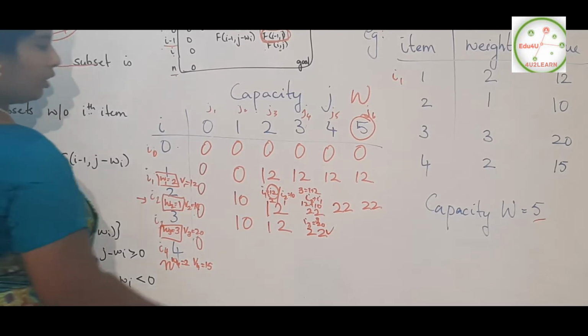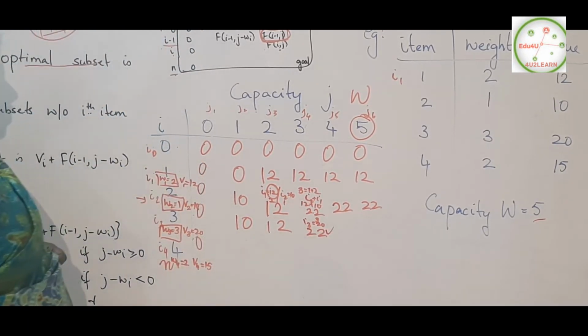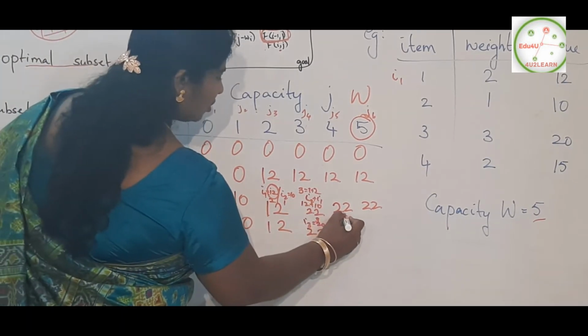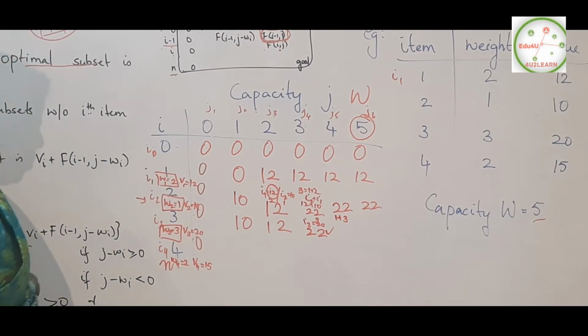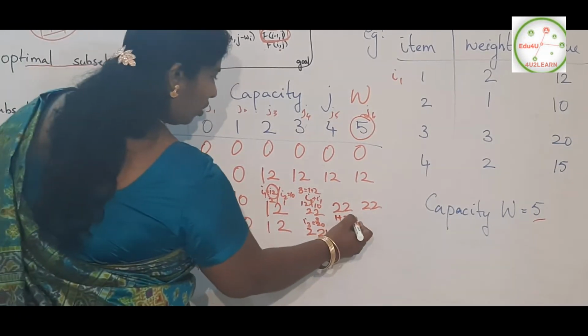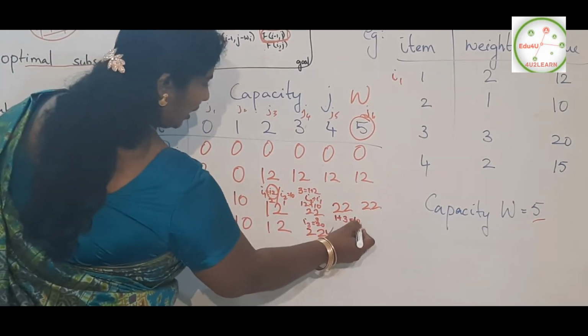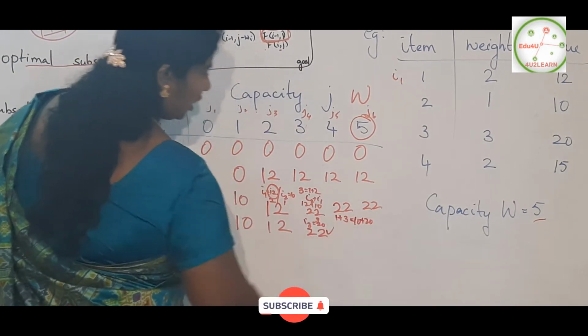And now here it is going to be with capacity 4. How do we get it? It can be 1 plus 3, we can just add, and see whether it is going to be okay or not. The first item is going to be 10 and the third item value is going to be 20.